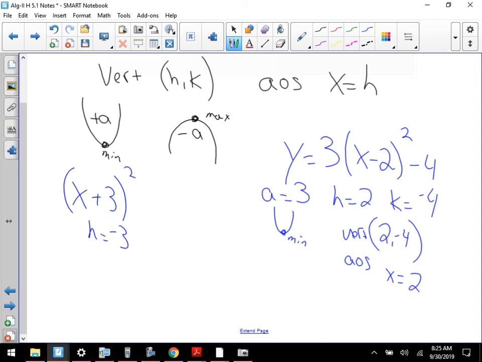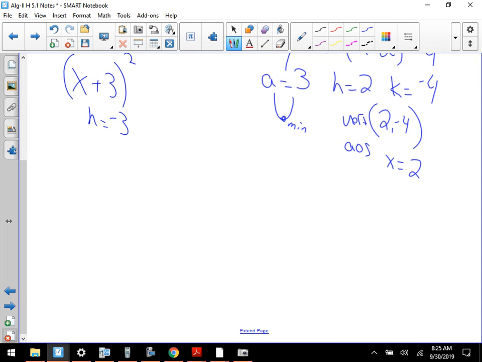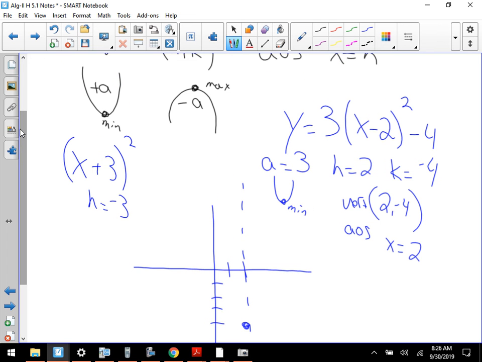How do you get the rest of the graph? I'm glad you asked. We know our ordered pair for our vertex is at 2, negative 4. Our axis of symmetry is at 2. What number is really easy to pick next? 1. If I use 1, what's 1 minus 2?